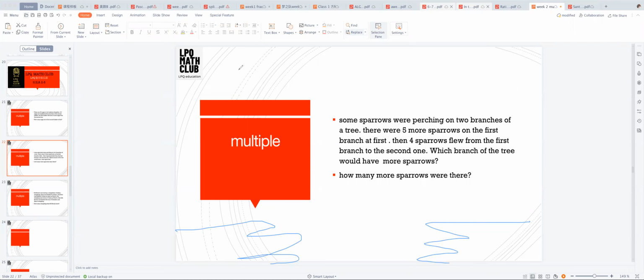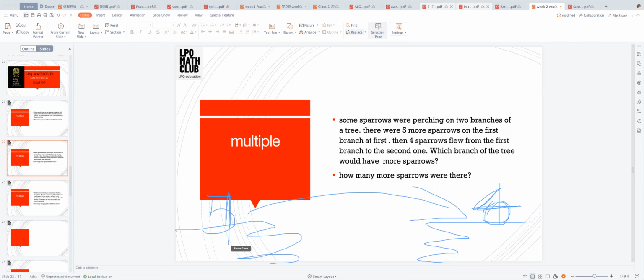So I made this one with 0 sparrows on there and 5 sparrows on this one. Then 4 sparrows flew from the first branch to the second one, so this then goes to 4, and this one then goes to 1.